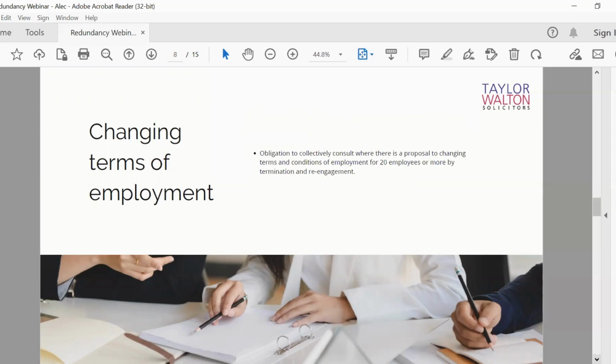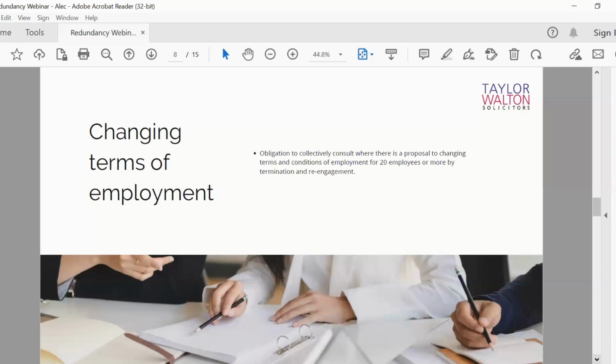So for the sake of argument, if the employer puts forward a proposal to change terms and conditions of service, say, changes to pay arrangements or annual leave, or a package of measures, and the employees don't agree with that, or there's opposition to that, then before you can go ahead and dismiss the staff and re-engage them, a so-called fire and rehire, there is a requirement to collectively consult in the same way as you would for a redundancy situation.